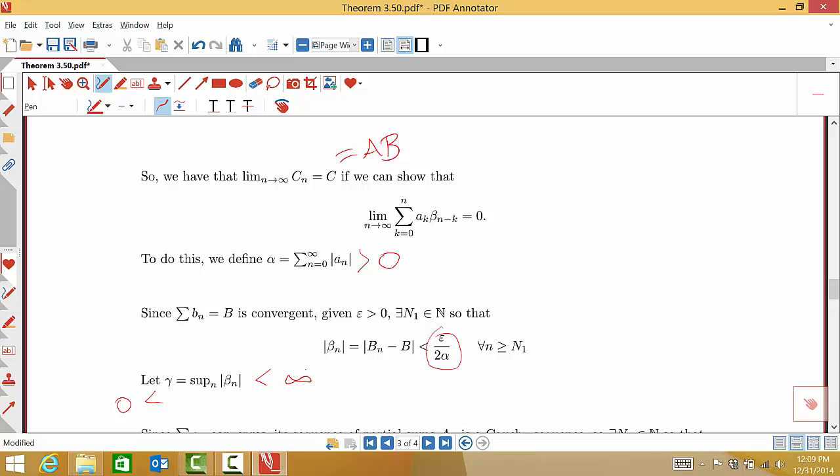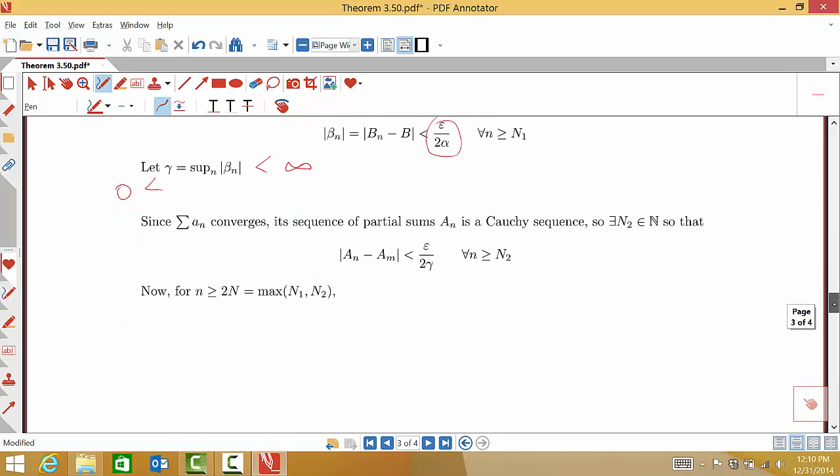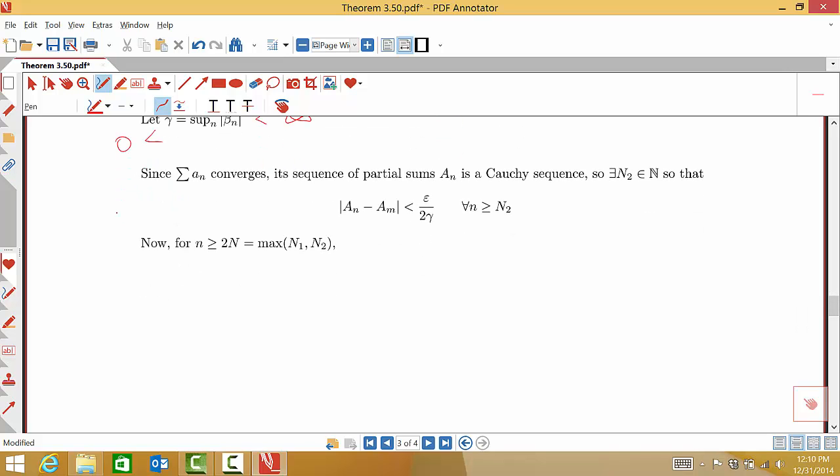And we can also be guaranteed that this is a finite number, since our series beta sub n came from a convergent series. This is going to 0. So it is definitely a finite number. Okay, so now let's see what we can do with this. Once we have these, we're in a pretty good place. And now we can use one more fact.